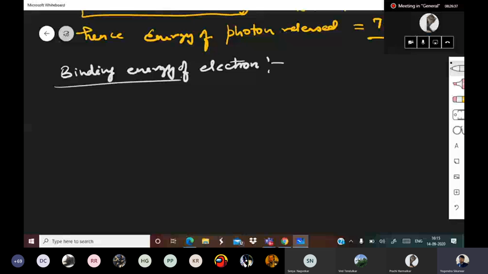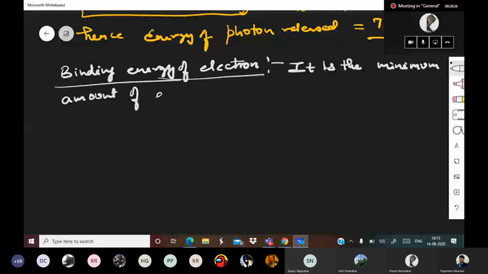It is the minimum amount of energy given to an electron such that it leaves the orbit and goes to infinity.